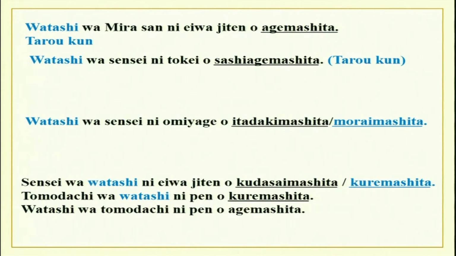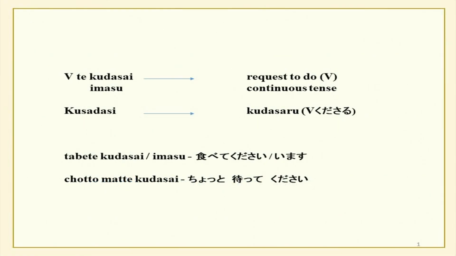Now, you will remember that we did te form of the verb as verb te kudasai and verb in te form plus imasu. Now, this very te form we can use it with kureru also and see what it means. The word kudasai means request, that is please do, and is coming from the verb kudasaru.